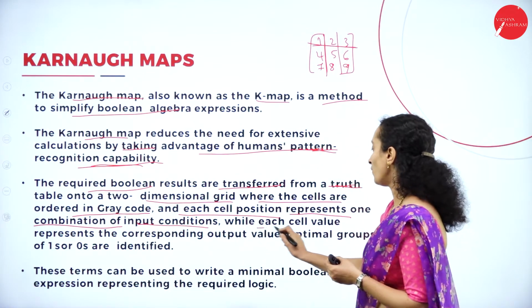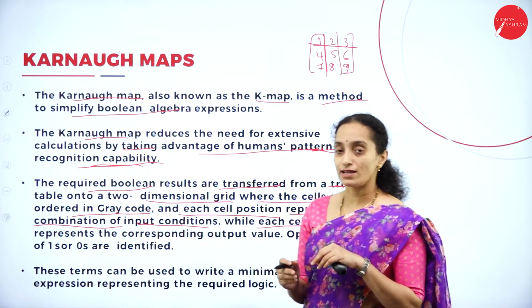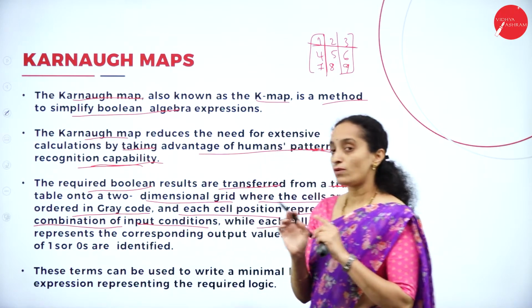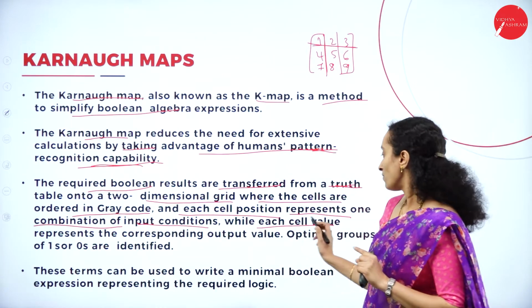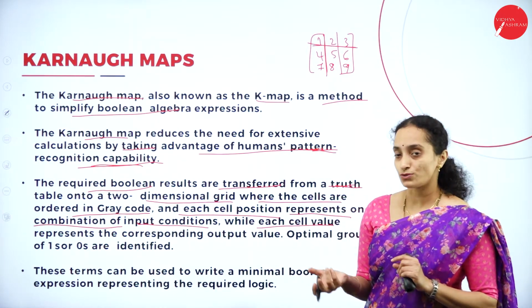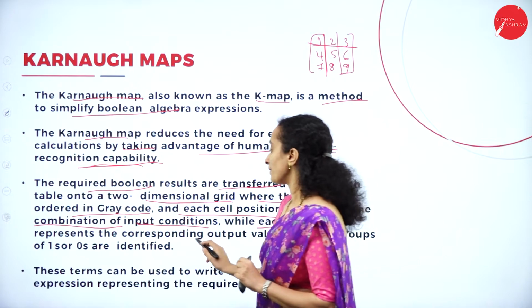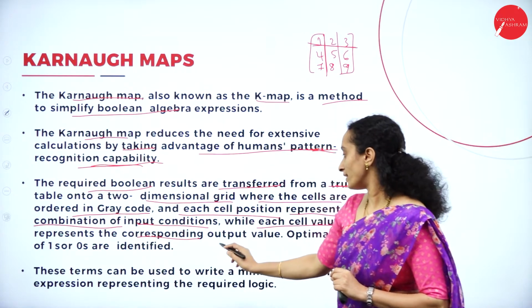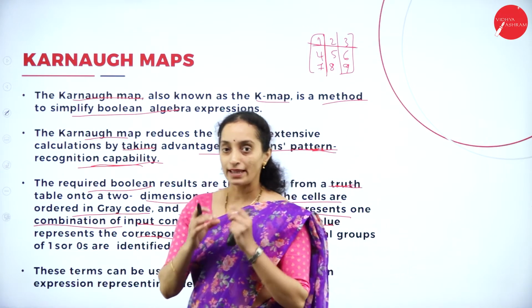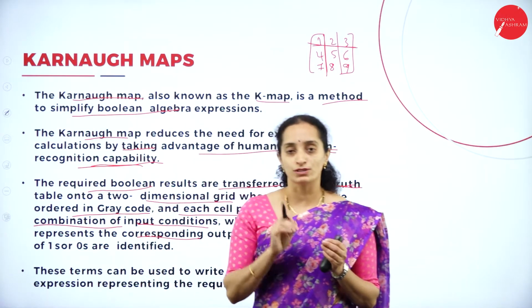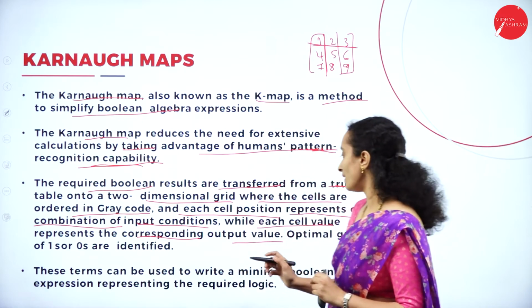While each cell represents one of the input conditions, the cell value represents the corresponding output value. What is the output of that input? When you input a value into the cell, what is the possible output?